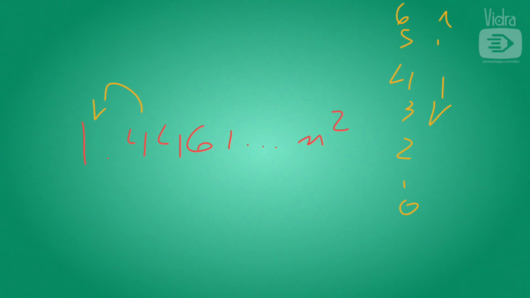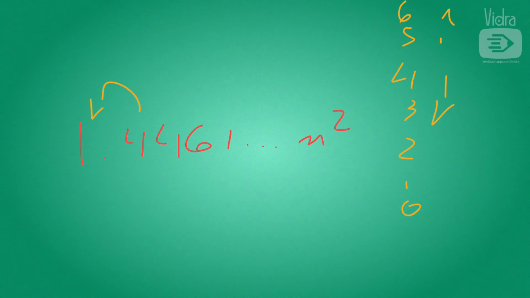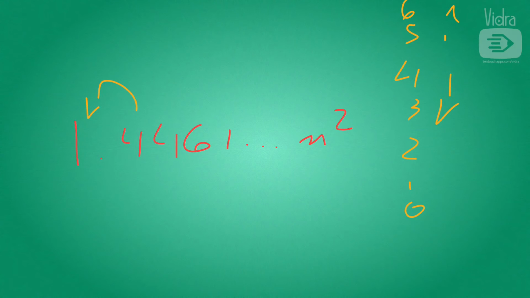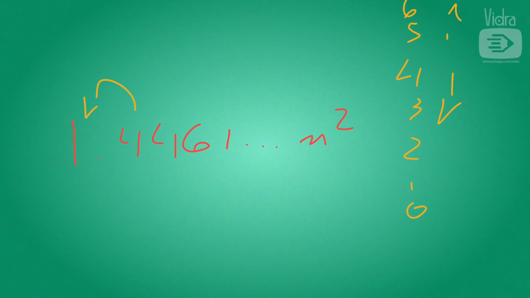But if the number to the right is 5 or higher, the number being rounded goes up by one. So if in this case the 4 was a 5, a 6, a 7, an 8, or a 9, it would be 2, but it's not, it's 4. So our rounded number is going to be 1.